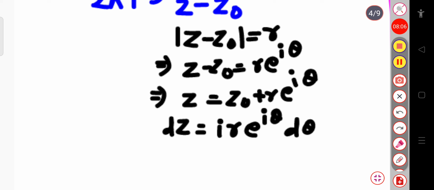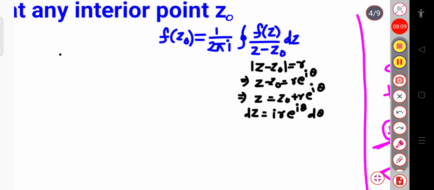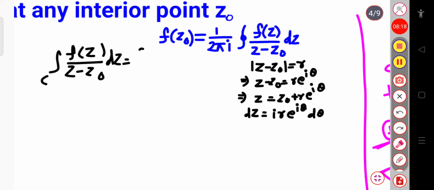Up to this much we know: the integration over C of f of z divided by z minus z0 dz is equal to the integration over C1, this is your closed contour, of f of z divided by z minus z0 dz.